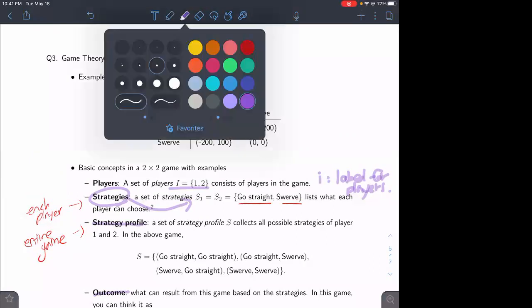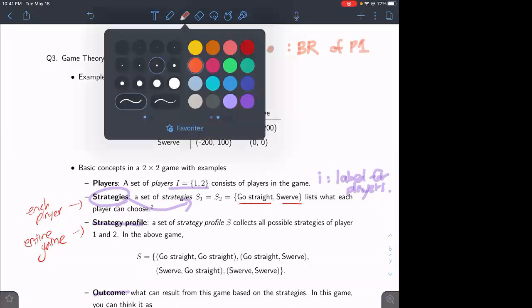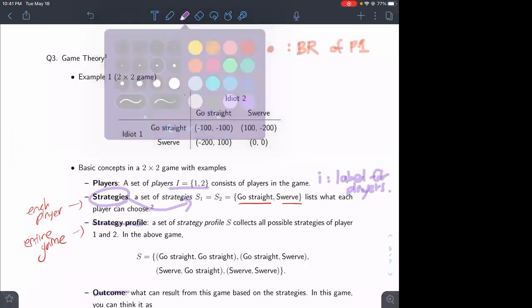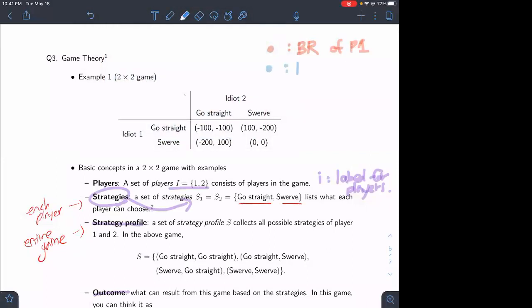I'm going to use orange to denote best response. BR is the best response of player 1. P1 means player 1. I didn't use blue, so blue is for the best response of player 2. Okay, so in the example, let's see what the best responses are.